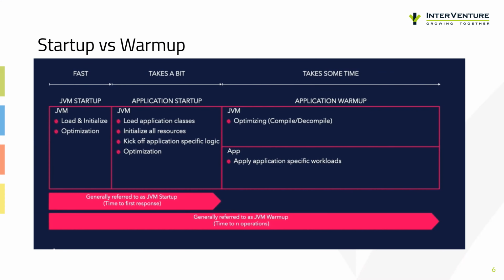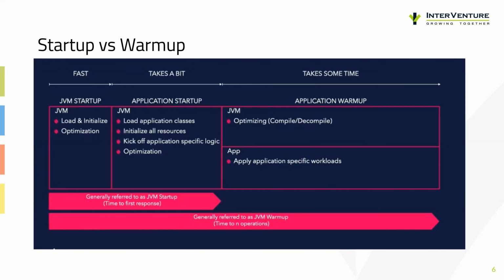Here's a simple timeline of how it looks when we start a Java application. In the first phase, the JVM itself is started, initialized and loaded, and that usually happens very fast. Then in the next phase, the application itself starts.